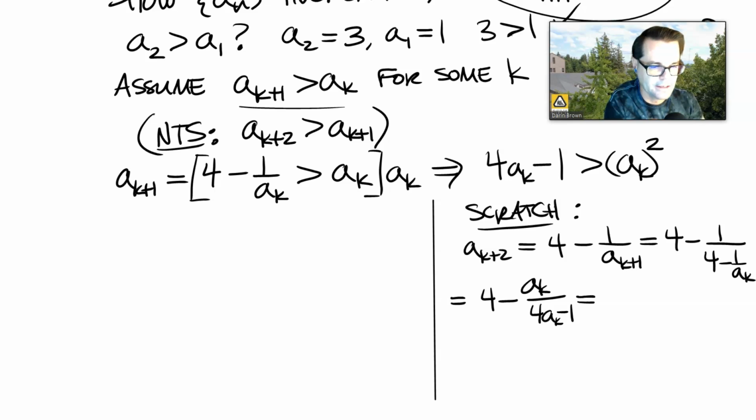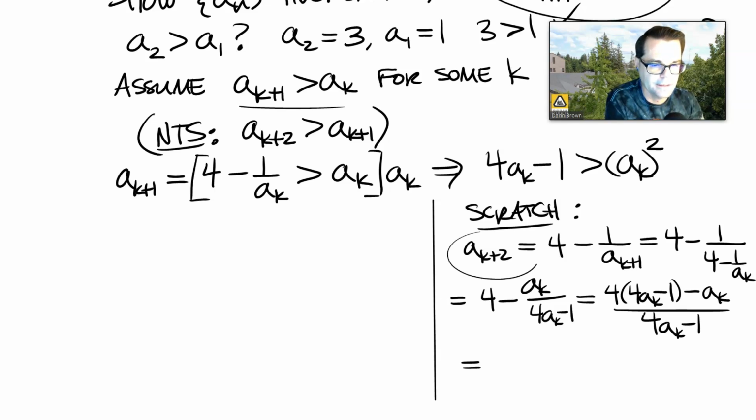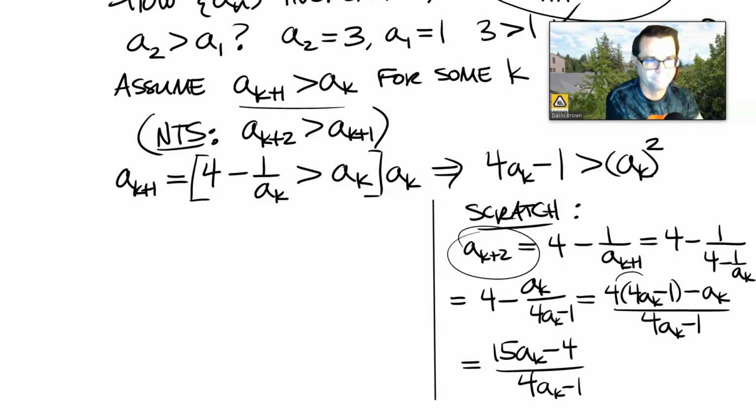And then if I get a common denominator of 4a sub k minus 1, let's see here. Then I see that a sub k plus 2 is actually equal to 16a sub k minus 1. So 15a sub k minus 4 over 4a sub k minus 1.